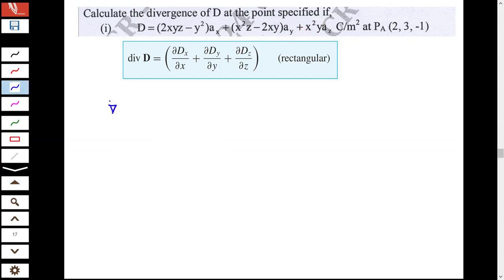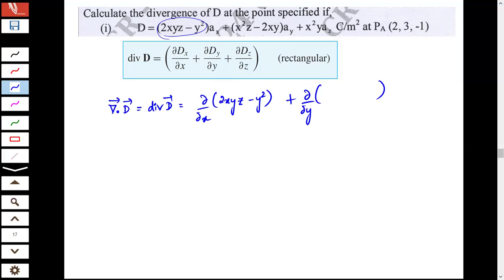Divergence of vector D can be represented as del dot D, or this can also be written as div D. So it is the partial differentiation of the x component of D with respect to x, which is 2xyz minus y square, plus the partial differentiation with respect to y of the y term, x square z minus 2xy, plus the partial differentiation with respect to z of the z term, that is x square y.